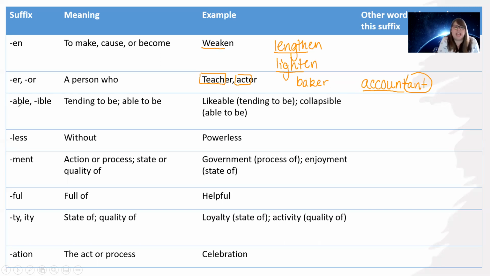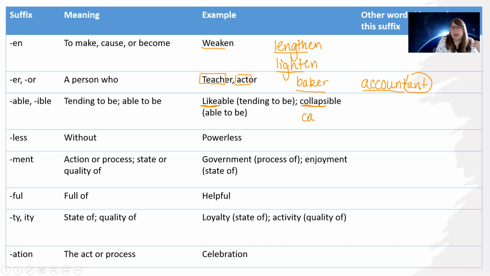Our next suffix is able, able, or ible, ible, which means you are tending to be or able to be. Some of my good examples here are likable, which means that you have a tendency to be liked, or collapsible, meaning that something is able to be collapsed. Now, I do want to take a minute here and talk about some spelling rules. So if we look at baker and collapsible here, what we notice is that some things have changed.